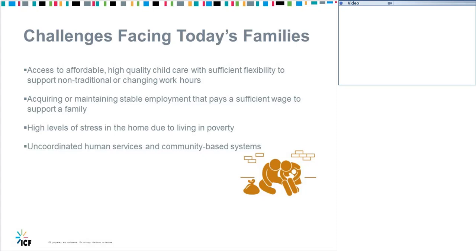The research demonstrates that children born into poor families are more likely to experience poverty as adults. Job training and employment programs have only marginally been successful in combating this reoccurrence of intergenerational poverty. And similarly, childhood development and school readiness programs without parental support and buy-in cannot by themselves stem intergenerational poverty.